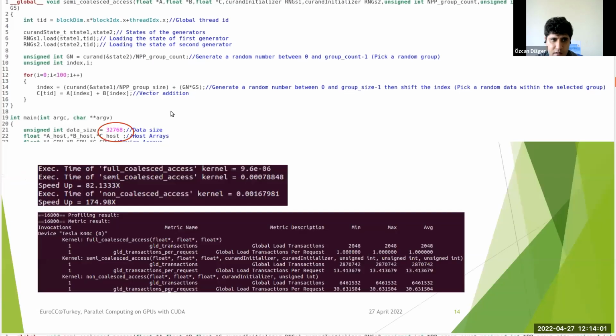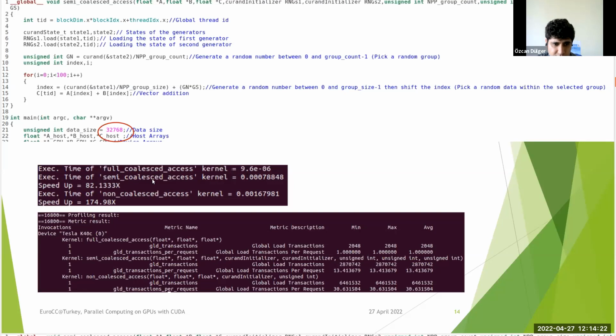Okay, let's continue with the outputs. For the data size 2^15, here again, the execution time of full coalesced access is 9 times 10^-6 seconds.